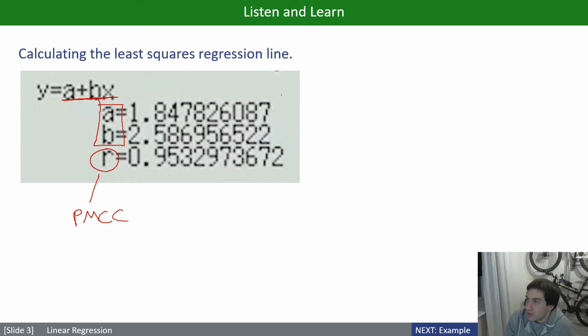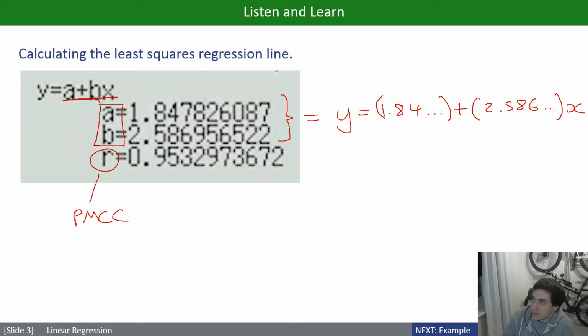So for instance, this set of numbers is saying that the regression line is y equals 1.84 plus 2.586, I'm not rounding, I should round really, times x. Okay, so there's the line.